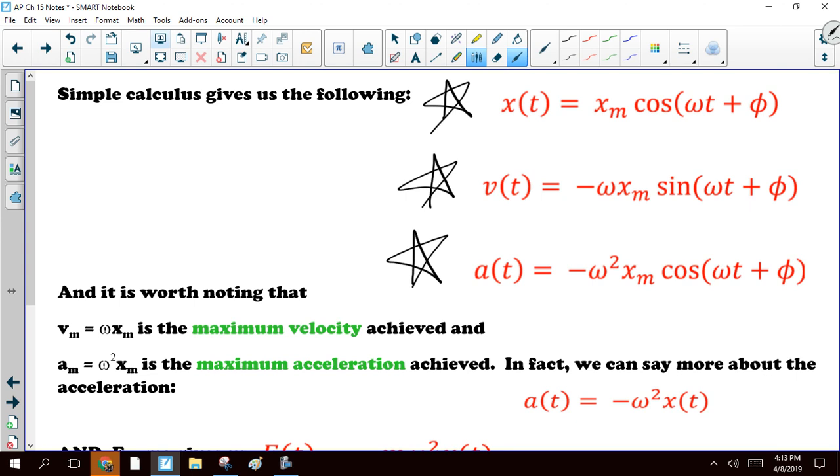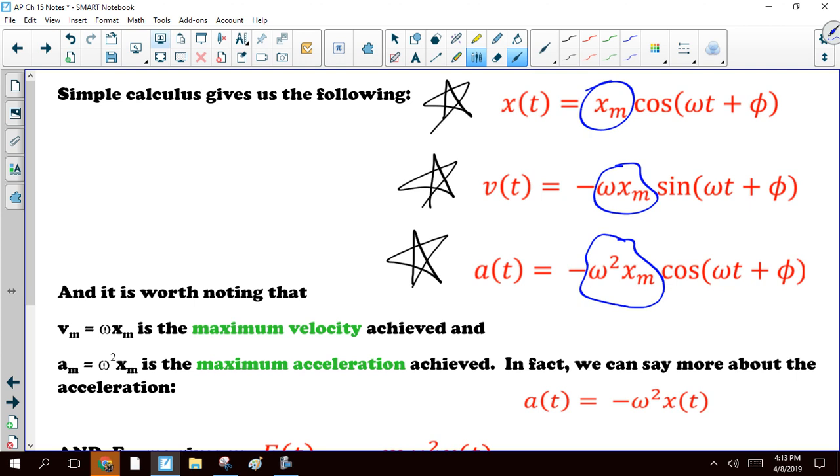Also notice, since sine and cosine both oscillate between 1 and -1, since this is your maximum position, this must be our maximum velocity, and this must be our maximum acceleration.